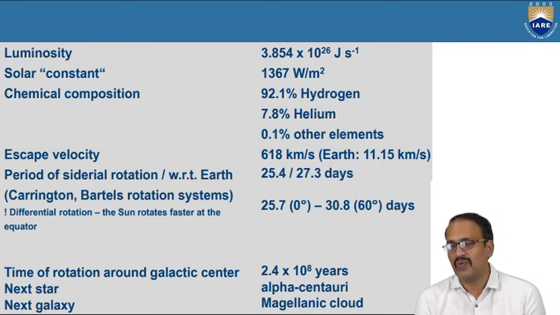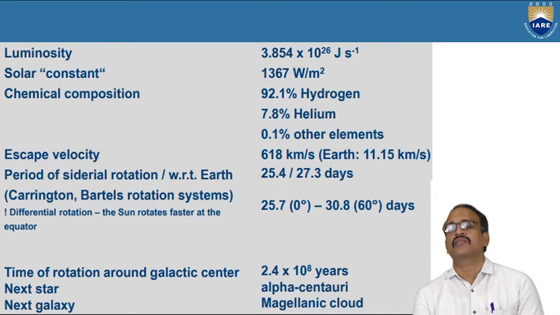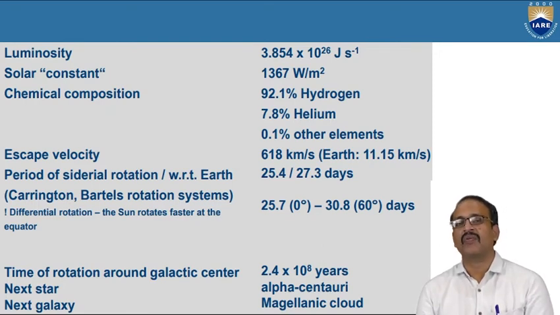And the chemical composition. Many people wonder what a star is made up of. It is simply a combination of two gases, hydrogen and helium, with a very negligible amount of other elements.